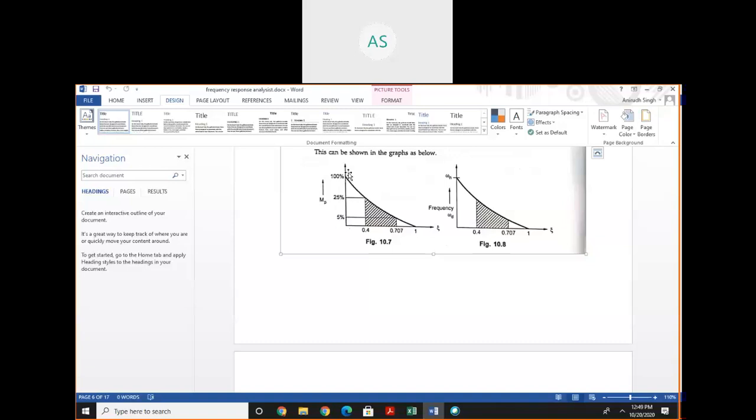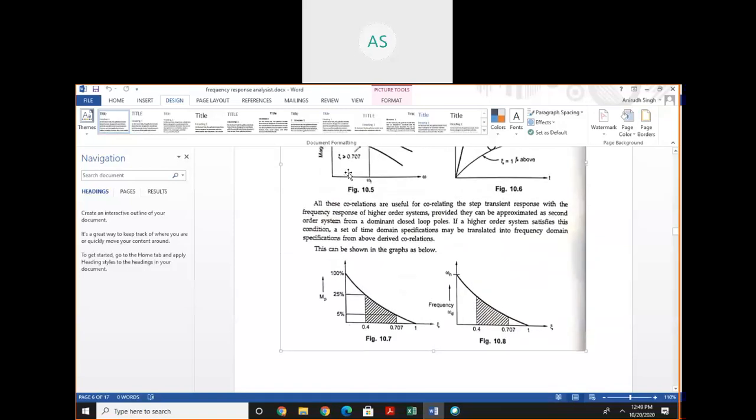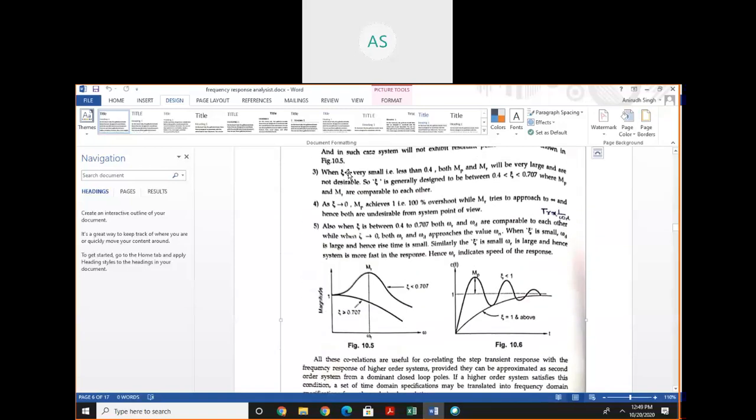So a value of zeta less than 0.4 is not desirable. So we can say that the desirable value of zeta is less than 0.707 and greater than 0.4.